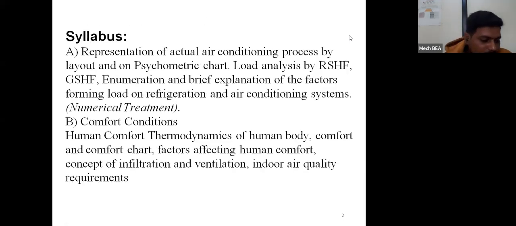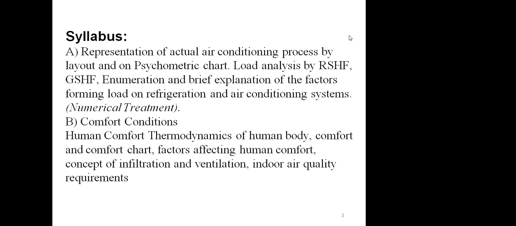The university has allocated a total of 8 hours for this chapter, and it is divided into two parts. Part A is related to the representation of actual air conditioning processes by layout and on psychrometric chart.